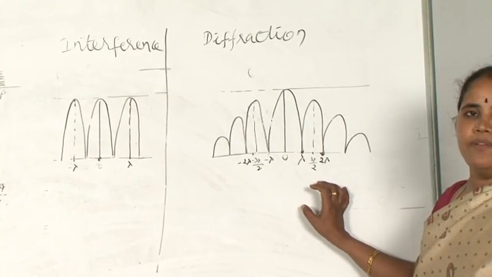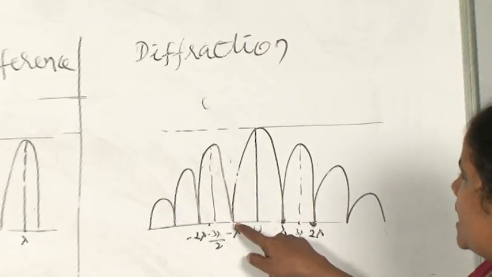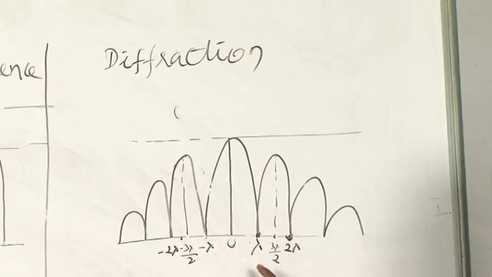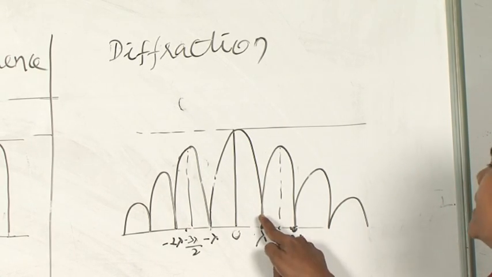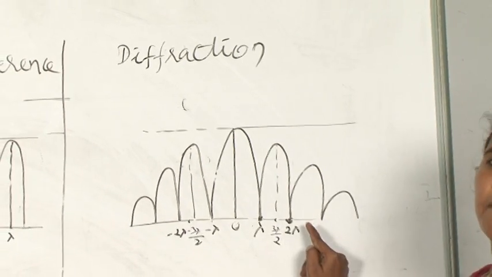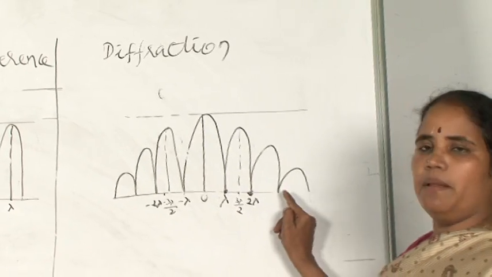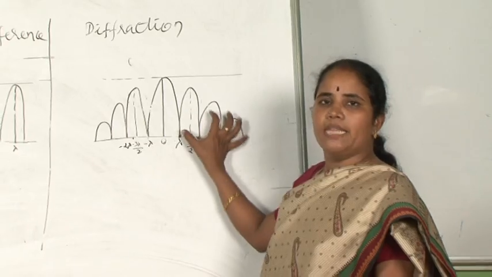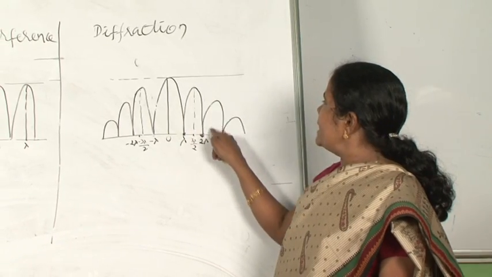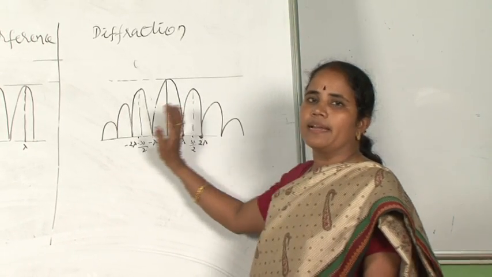Whereas in diffraction, the central fringe is of maximum intensity, the brightest one, whereas the first order maximum, second order maximum, third order maximum, even though they are bright fringes, their intensity goes on decreasing.